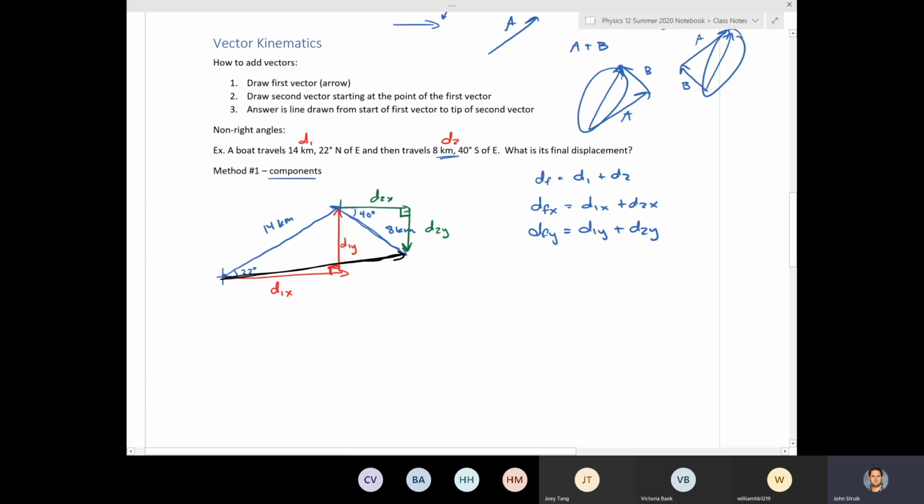I'm not sure which way it's going, but that's okay. This is its dx, so that's dfx, and this is dfy.